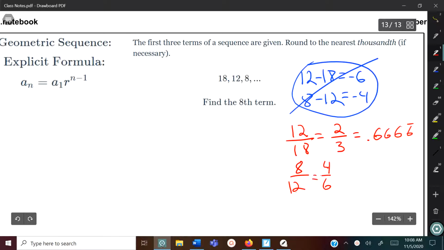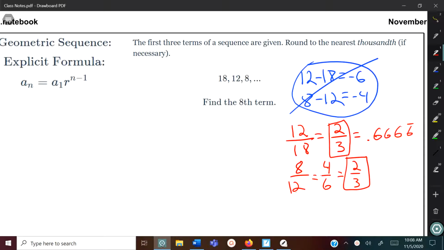Then look to see if you can keep dividing. What number goes into 4 and 6? 2 again. 2 goes into 4 2 times, 2 goes into 6 3 times, and you get 2 over 3. So 2 over 3 is going to be our common ratio, and we'll have to type that fraction in here.